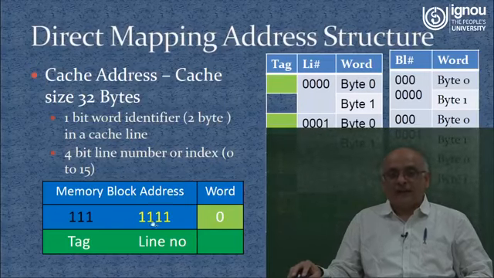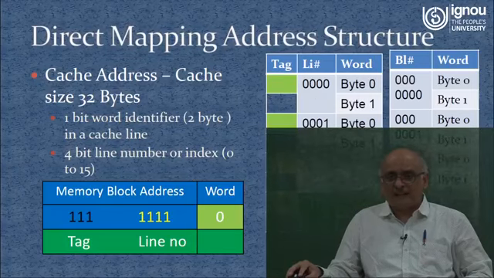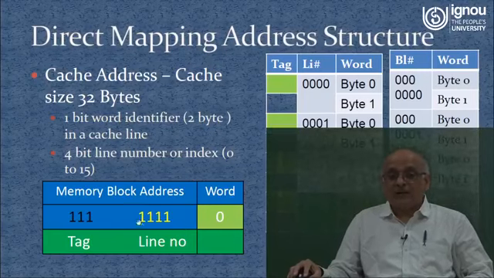We are following the direct mapping scheme. How many bits are there for the cache line? 4, right? So these 4 bits represent which cache line this particular address can reside in. It identifies the line number, just like I stated about the team number. The second thing is the tag.